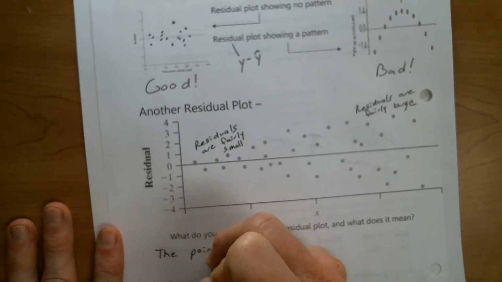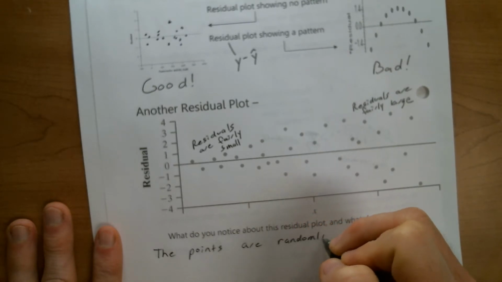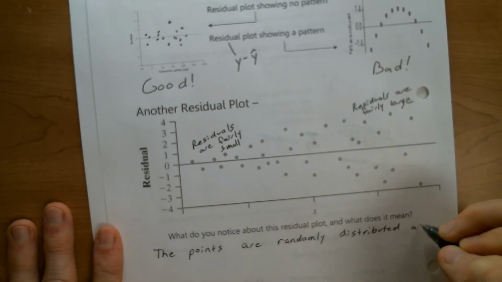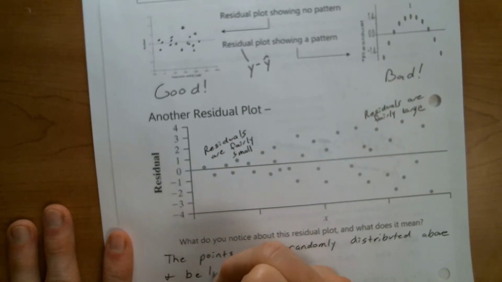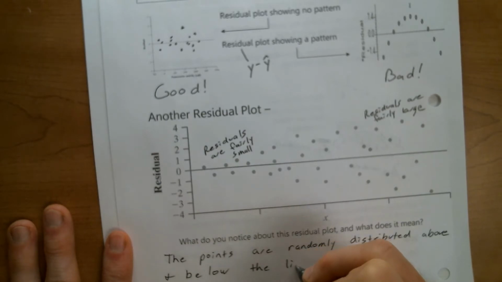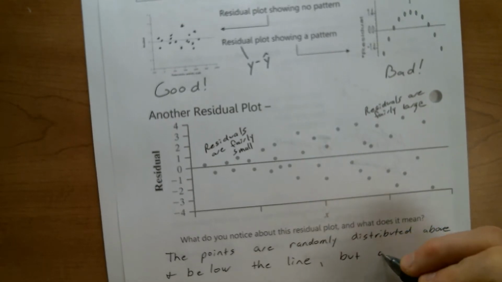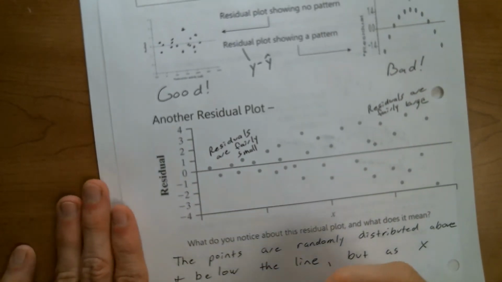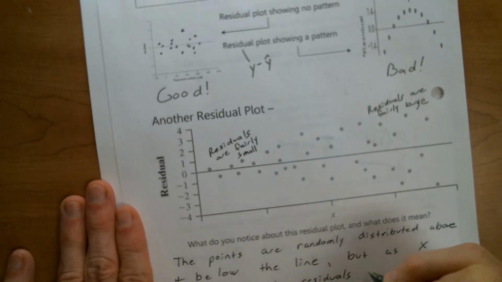The points are randomly distributed above and below the line, but as x gets larger, the residuals start to increase.